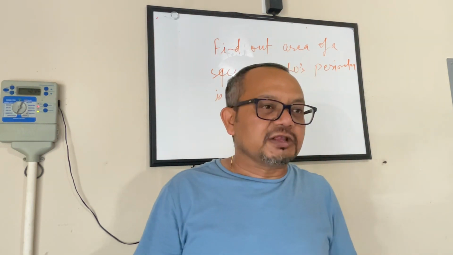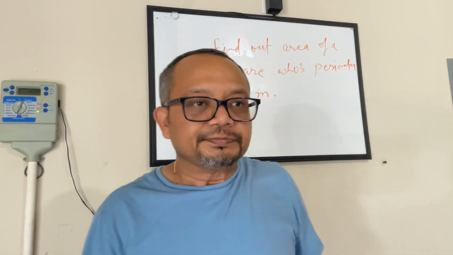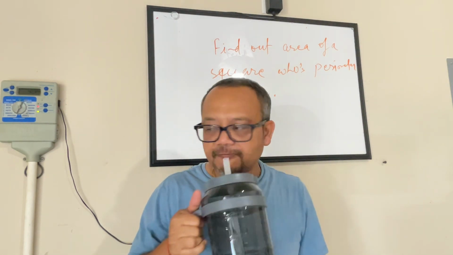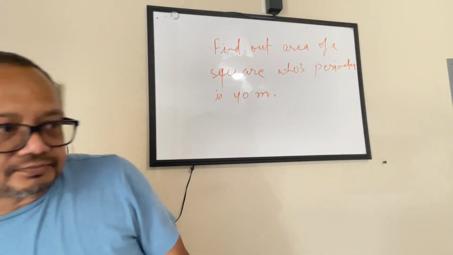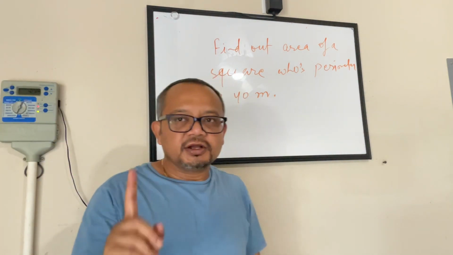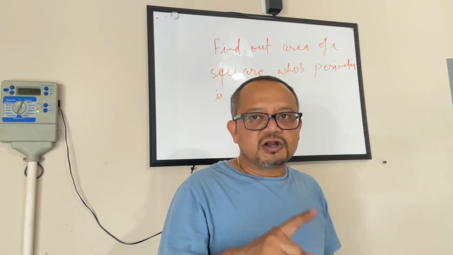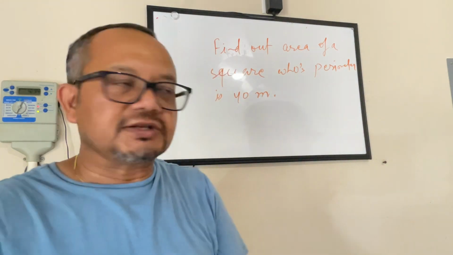Can you find out what is the area of the square? I can tell you how I got 100. So now Kavyan has been able to solve this one. I want Kavyan to explain this to us.